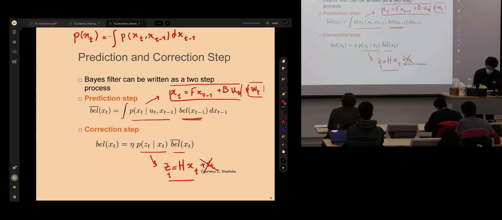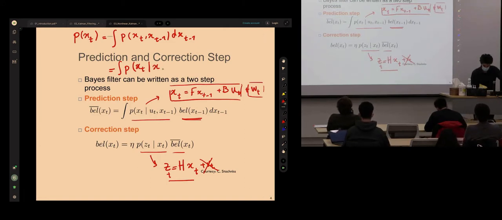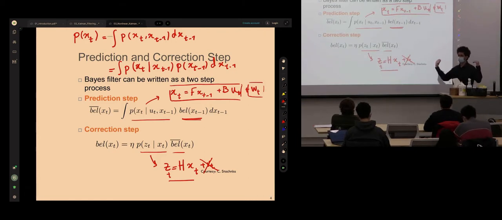So just to finish this, using the chain rule of probabilities, you can write this as the conditional distribution of x_t given x_{t-1} times p of x_{t-1}. I'm dropping all the extra terms, u and previous observations, right? You could include all of those.